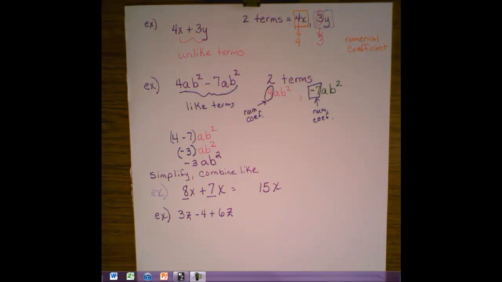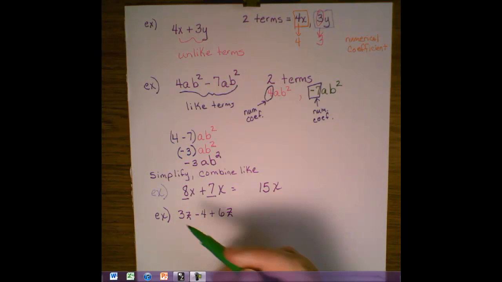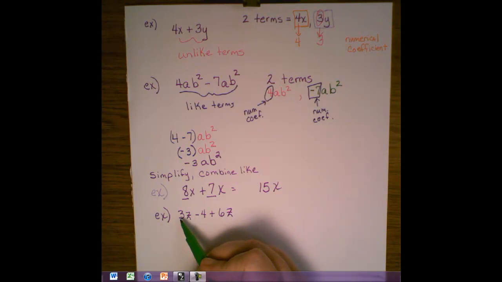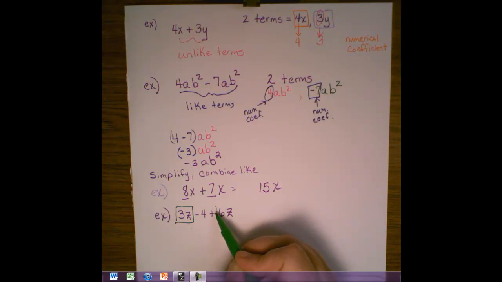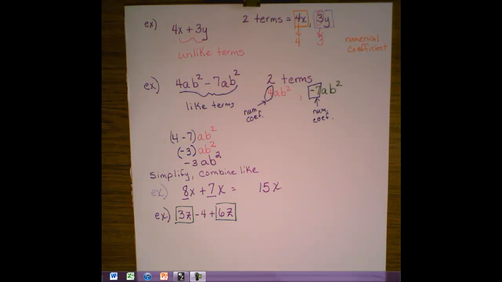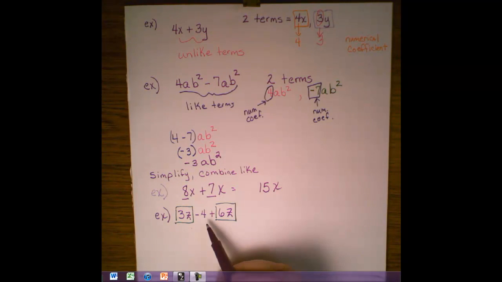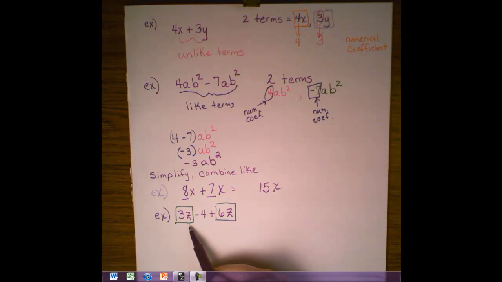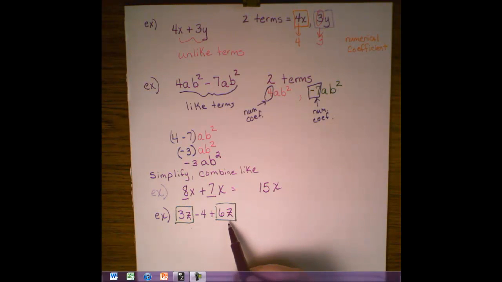In this case, since there's more than one set of like terms, I'm going to put a box around the ones that are like. Hopefully you can tell that that's green, or at least you can see it's a box. And so those are like terms.